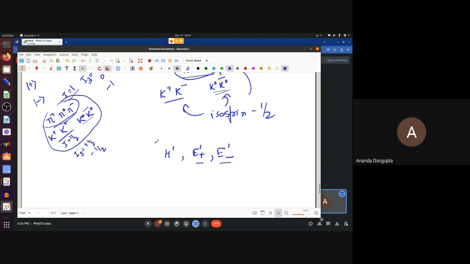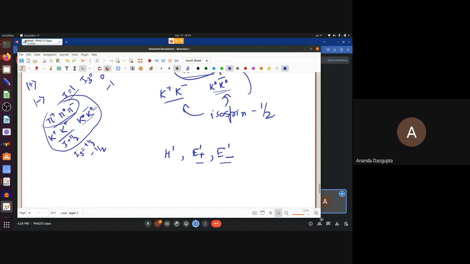But isospin is not enough to describe the bigger multiplets. Why is it not enough? You might argue that after all, isospin has all multiplets of all sizes, right? Because it has representations of all integer dimensions. So why can't I just say pi plus, pi 0, pi minus, k plus, k minus, k0, k0 bar, these 7 states actually come from a lambda equal to 6, or rather I equal to 3 multiplet with 7 states?